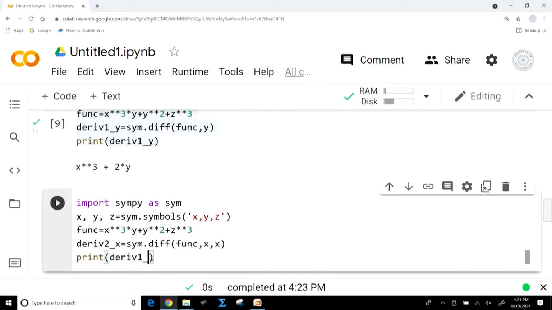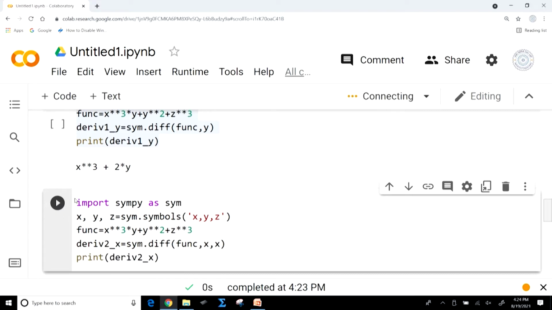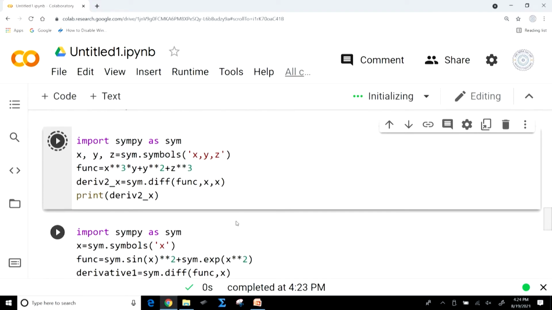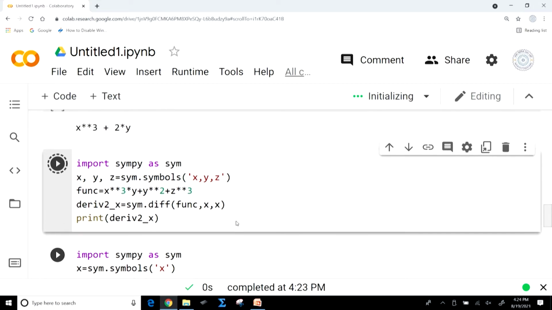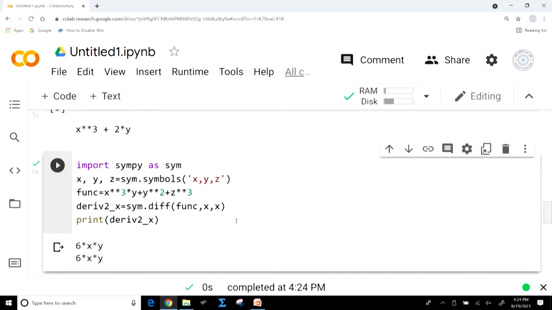This will give me the second order partial with respect to x. So, this is 6xy, the second order partial derivative of this function with respect to x.